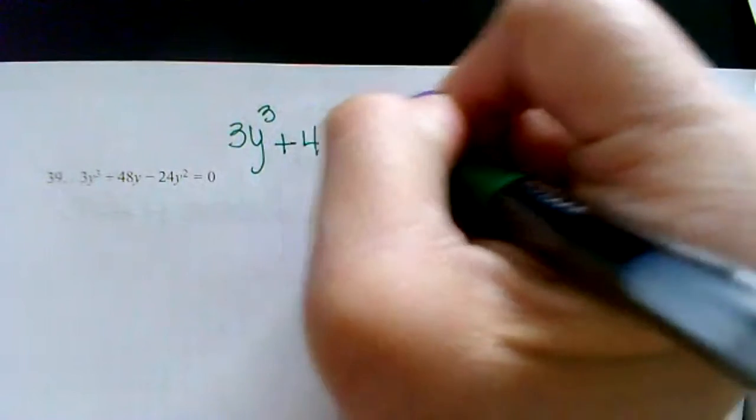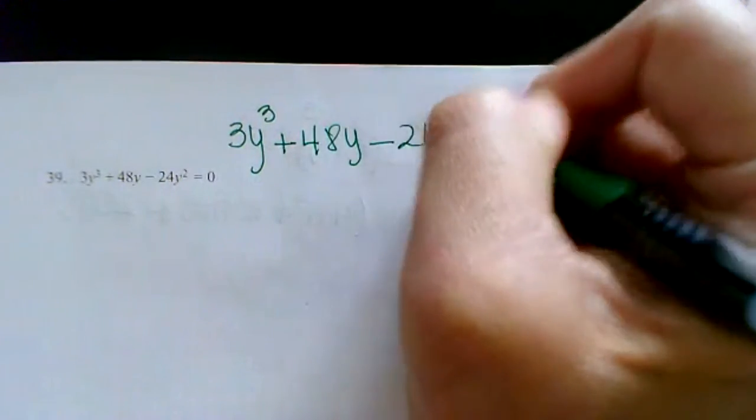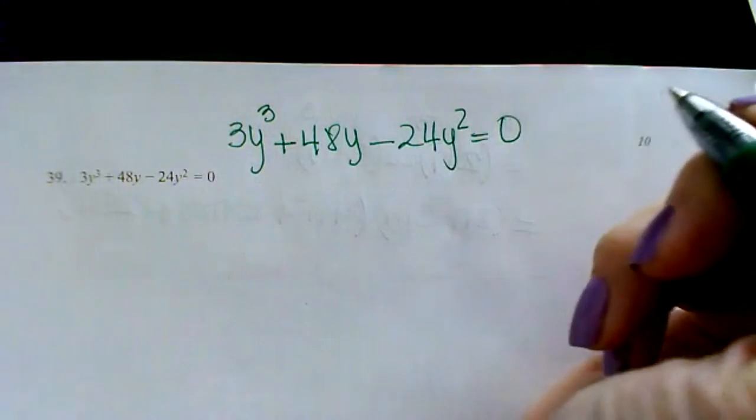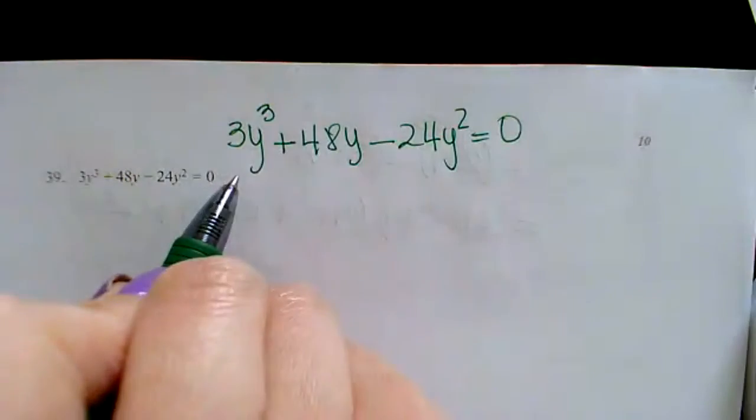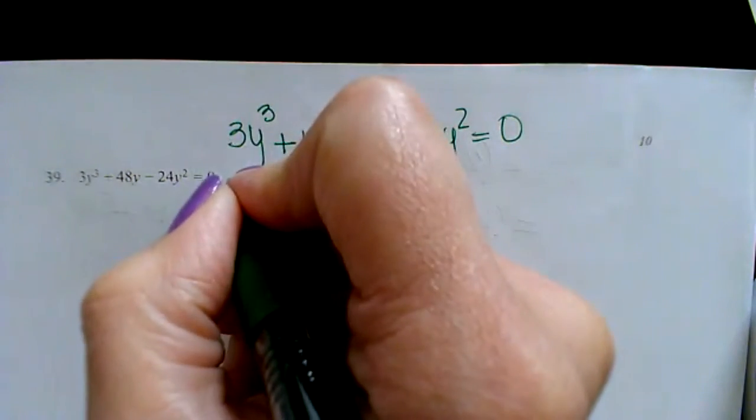Let's do 39. So we have 3y to the third power, 48y, minus 24y squared equals 0. I can factor the 3y first.